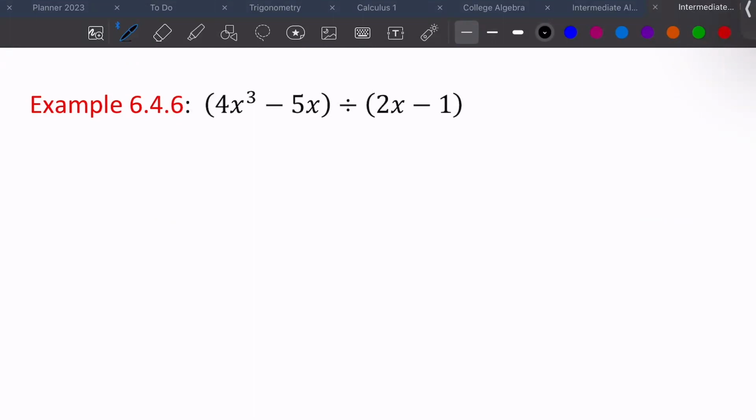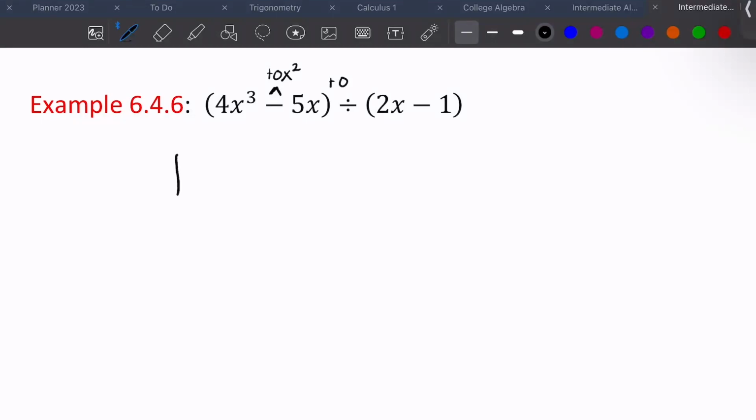We have 4x cubed minus 5x. So we're missing our x term and our 0 term.